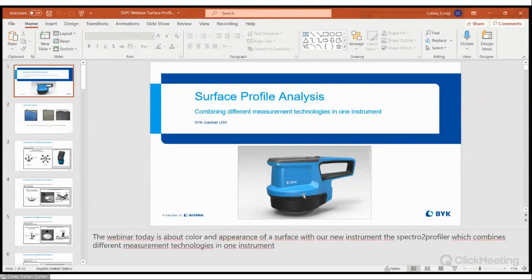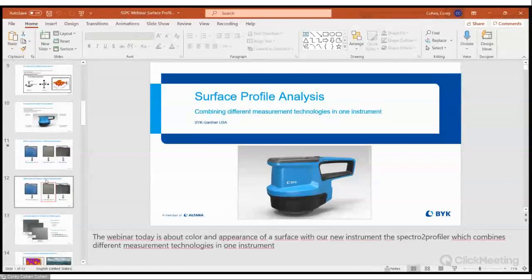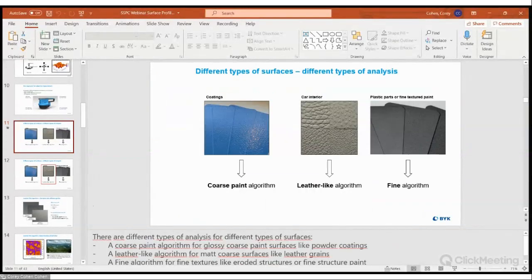But the truly unique thing about it is that it can measure texture. I won't get too heavily into this because we don't have a lot of time. This is designed for measuring various types of textures in coatings, from coarse paint, which you often see in powder coatings, coarse glossy paint. It has a leather-like algorithm for measuring structured plastics, leather-like surfaces like vinyl that you would see on a car interior.